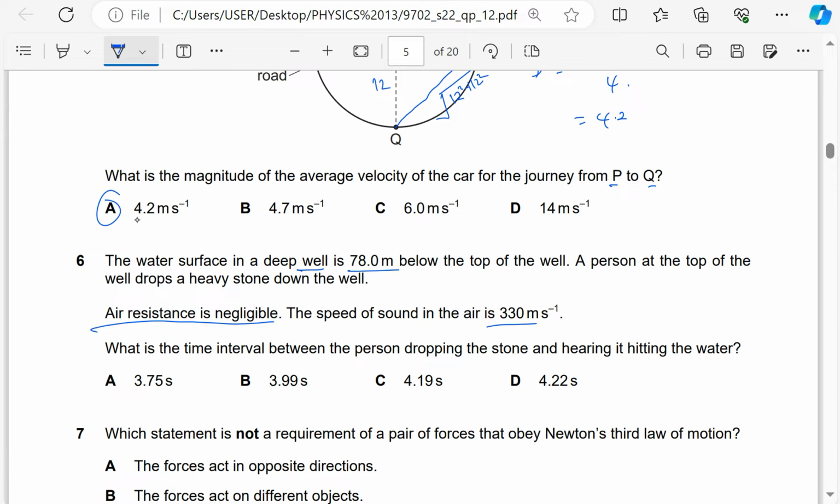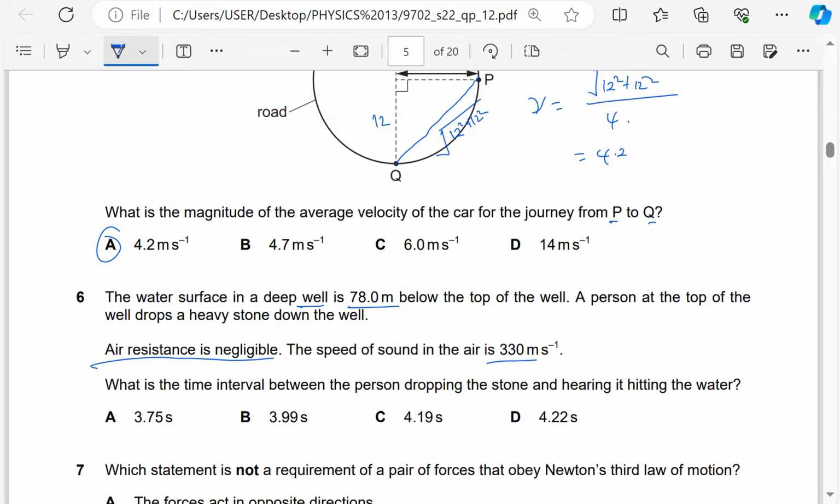Of course, the stone must travel to the bottom. Then when it hits, the sound must travel back. Okay, so to begin with, I'll use s equals ut plus half at squared. So the vertical, I want the distance from the top, because the water surface is 78 meters deep.